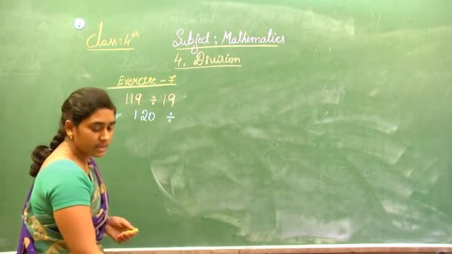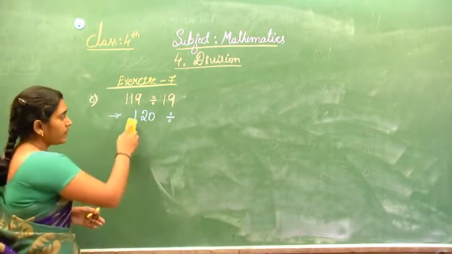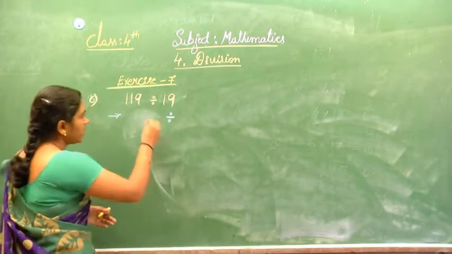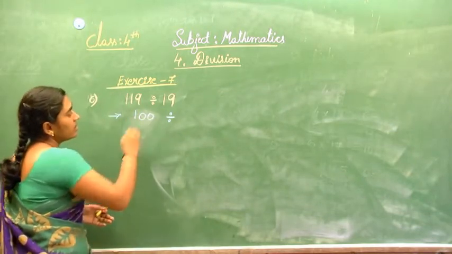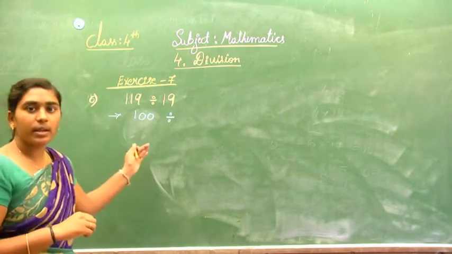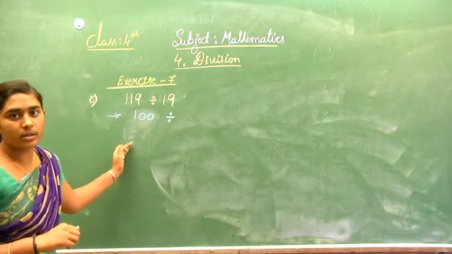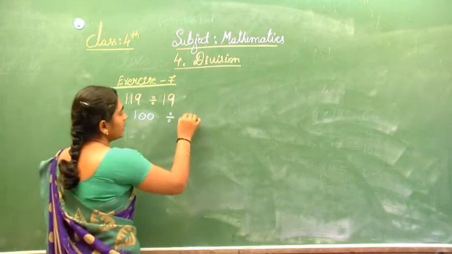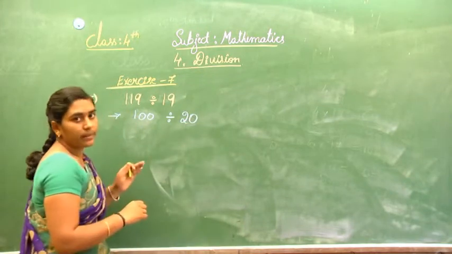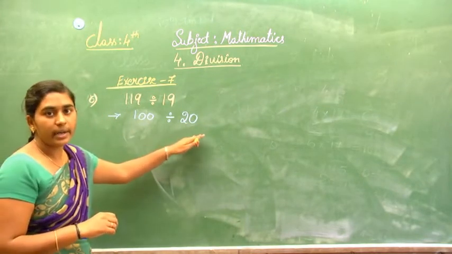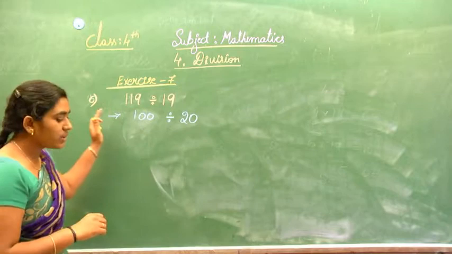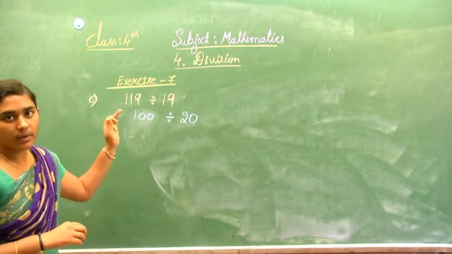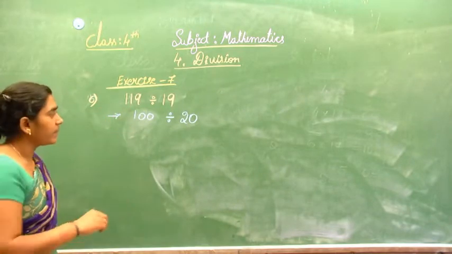Which will be the nearest 100 for this number? Nearest 100 is 100 you can take, or else you can even consider nearest 10 also. That is also right. Here 120. In the previous question also you can consider 100 or you can consider 10.